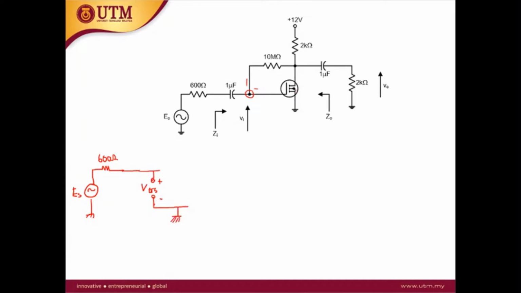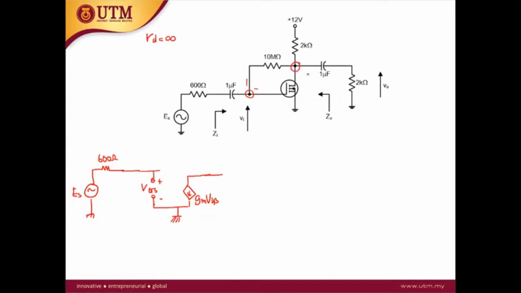Between source and drain, we have the current source, which is GM VGS. The small rd is infinity. We assume the small rd is infinity, so it will not appear.